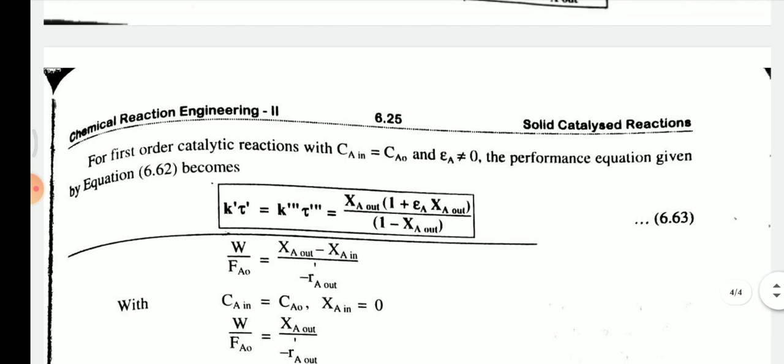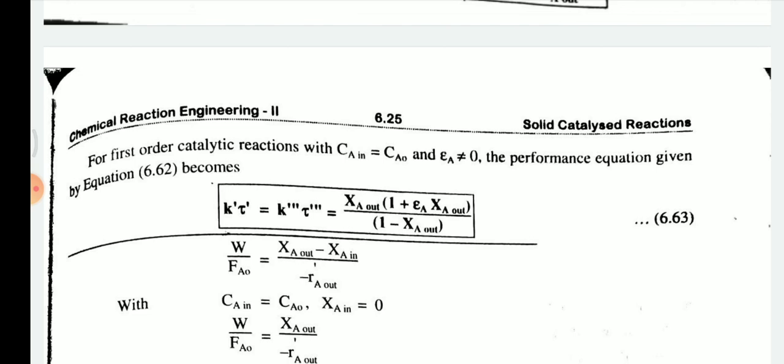So for the first order catalytic reactions with CA in equal to CA0, we will consider the inlet as the initial case, CA0, and epsilon A should be 0.